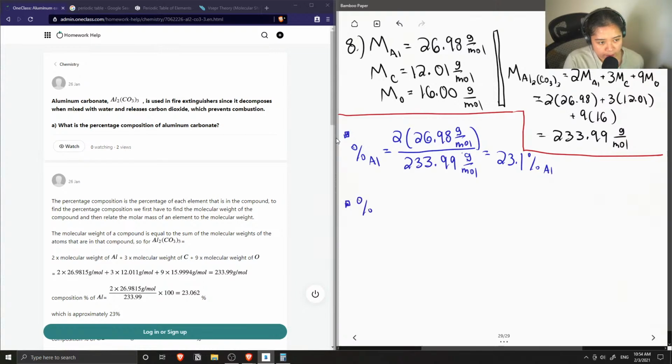So now let's look up the percentage of carbon. There are 3 atoms of carbon. Carbon's molar mass is 12.01 grams per mole. And again, the total molar mass is 233.99.